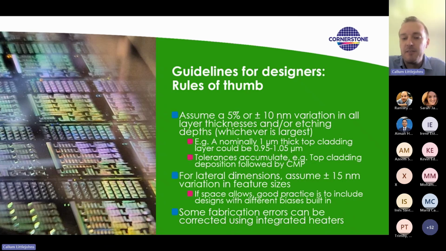I've made a comment at the bottom that, of course, some fabrication errors or tolerances can be corrected using integrated heaters, but clearly you're limited by the number of pads you can access, and it's not an ideal solution because it does require power to drive those heaters.